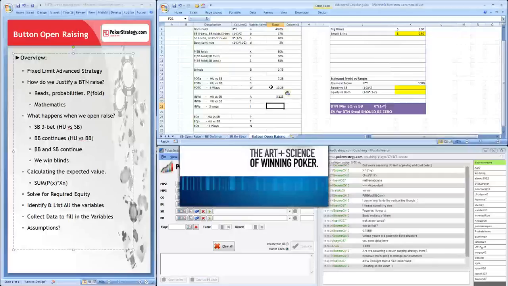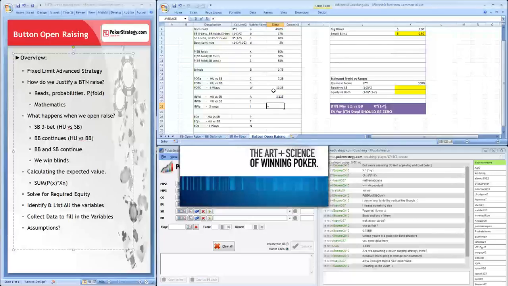But in the meantime, let's calculate our investment for 3-way pots. Now, if we're in a 3-way pot, that means the small blind continued, so we don't have a situation where the small blind is contributing dead money in the form of the forced small blind. The big blind continued, so the big blind forced bet isn't going to be dead money either.